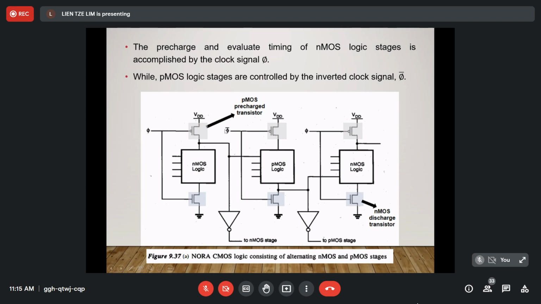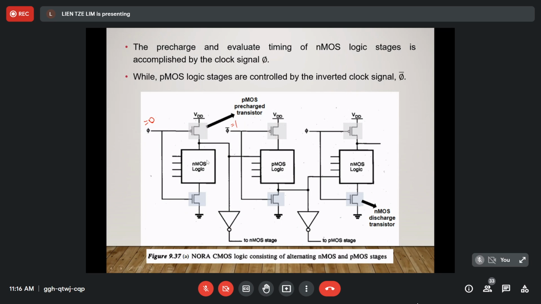So the clock here with a bar means this is an inverted clock signal. It means that if the clock signal is 0, then the inverted clock signal will be equal to 1.